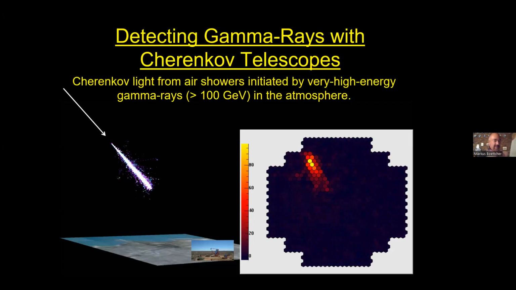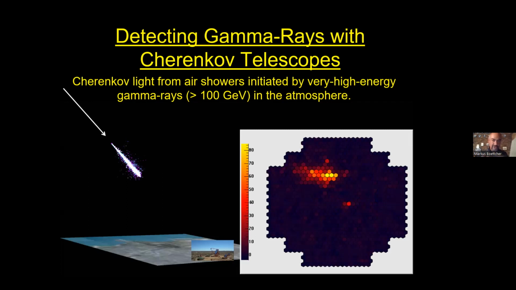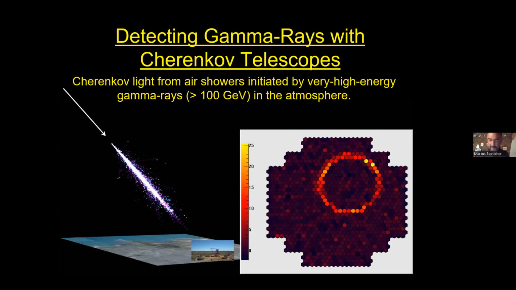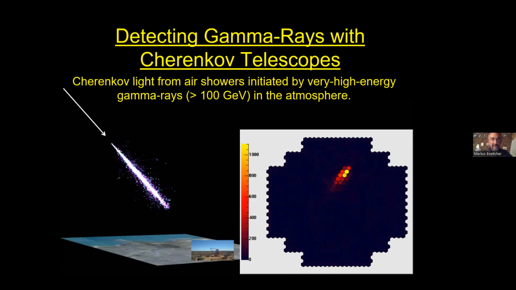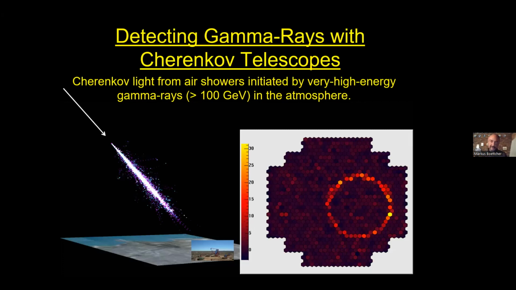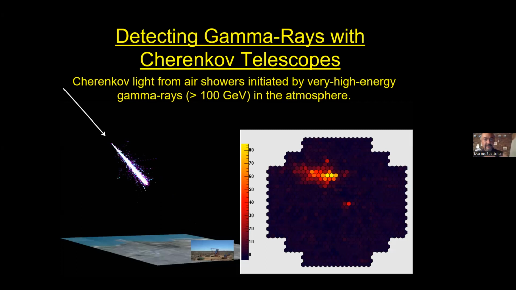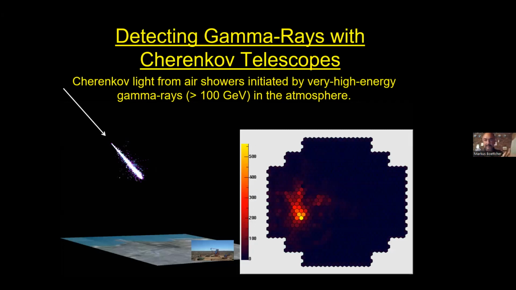Now let's go to even higher energies. As I said, Fermi-LAT detects energies of GeV, so about 1 billion times visible light. At even higher energies, 100 billion to trillion times visible light, we can go back to the ground, because even though these photons are absorbed in the atmosphere, they have so much energy that they produce secondary electrons and positrons.